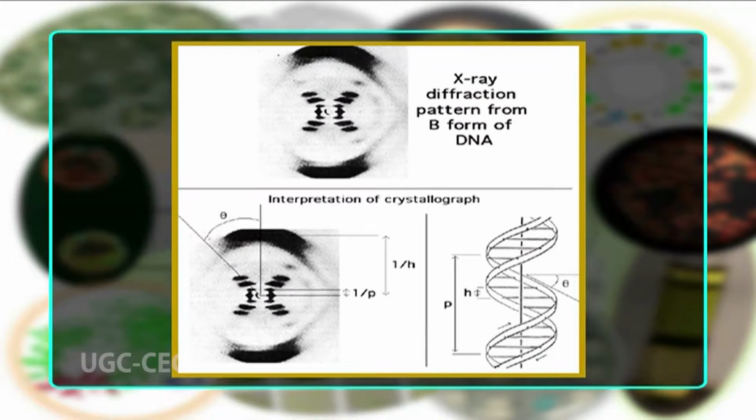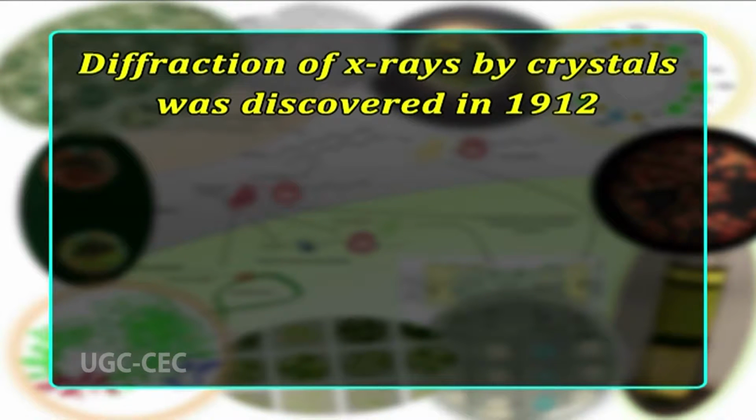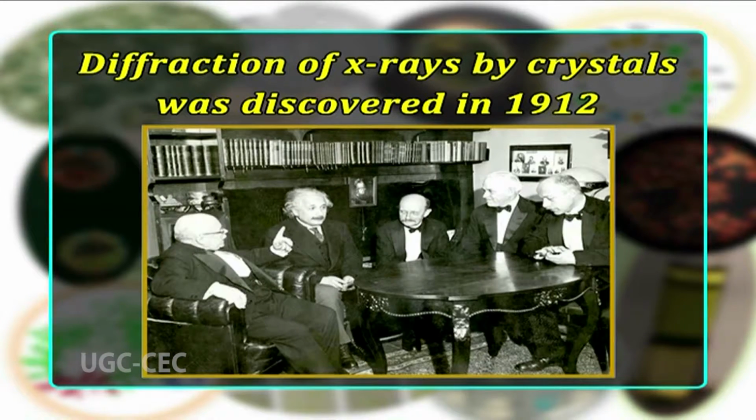The characteristic X-ray diffraction pattern generated in a typical XRD analysis provides a unique fingerprint of the crystals present in the sample. When properly interpreted by comparison with standard reference patterns and measurements, this fingerprint allows identification of the crystalline form. The diffraction of X-rays by crystals was discovered in 1912 by German physicists Laue, Friedrich and Knipping.